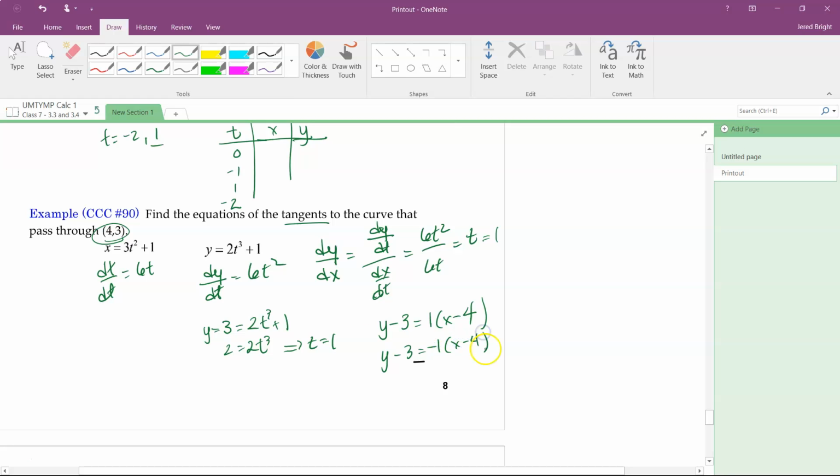Now that being said, what we should really do is check both of these on the curve. We should sketch the curve using Desmos or something and confirm that both of these equations would produce a tangent. That would be the only way to verify that these are both solutions.